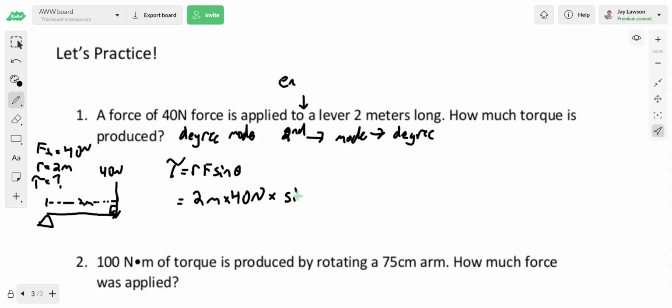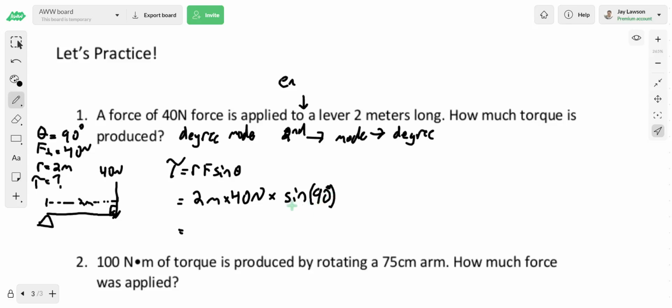And theta here is 90 degrees. So the sine of 90. Now, you may not know this off the top of your head, but if you put the sine of 90 into the calculator, it should come out to 1. Now, the sine of 90 degrees is 1. All right? So you know that by memory.